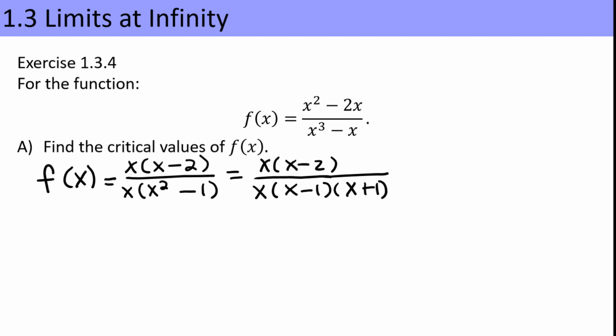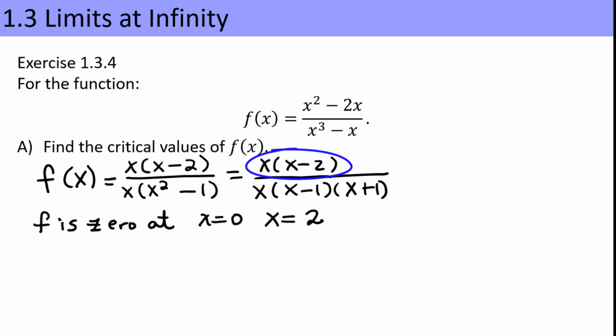So where the function equals 0, I'm going to write f is 0 at, and we set the numerator terms equal to 0 when we want the function to be 0. So that would be at x equals 0 and x equals 2.